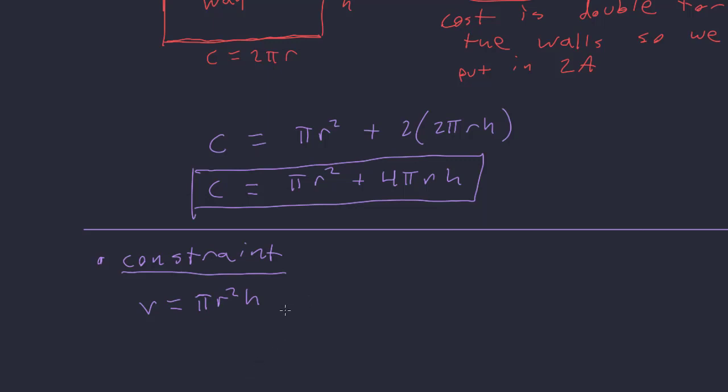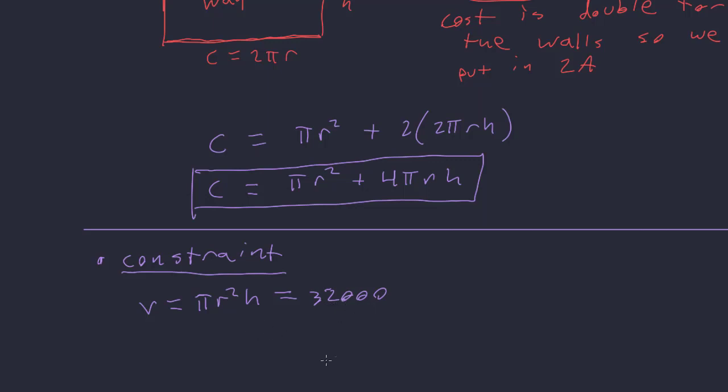So it's pi r squared h, and specifically we know that that volume is supposed to be 32,000. So this is our constraint: pi r squared h is equal to 32,000.